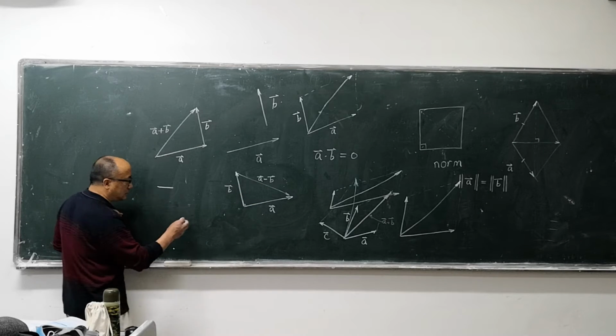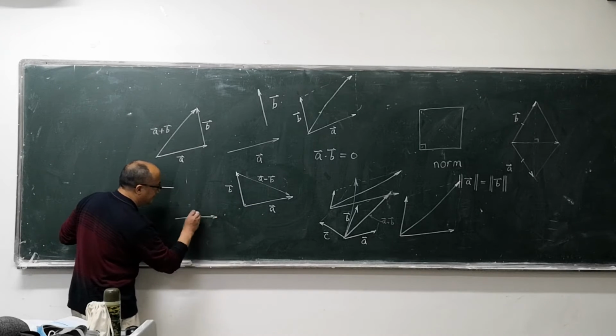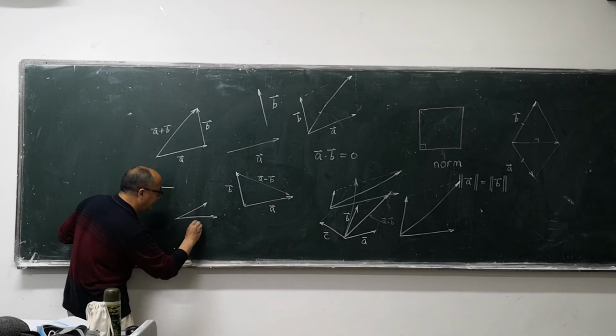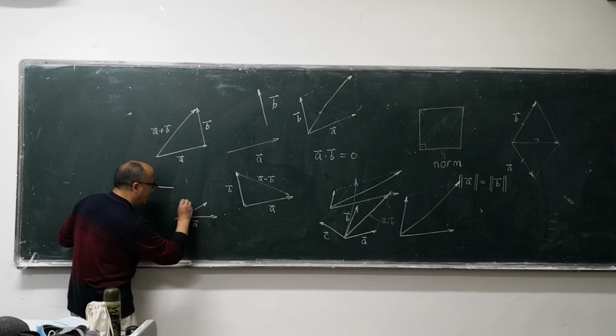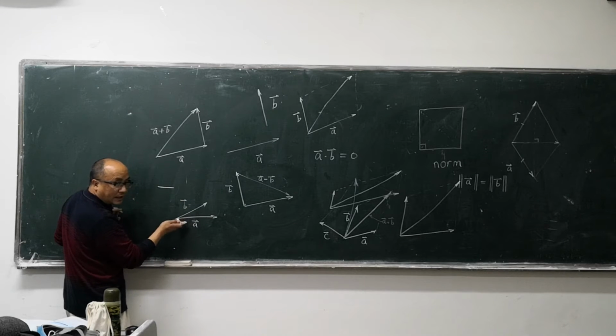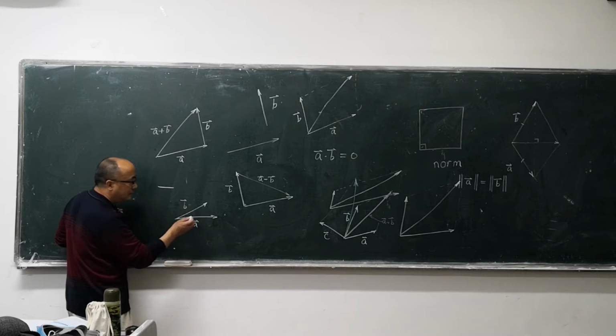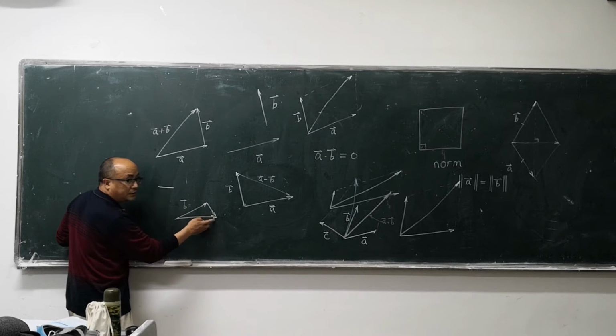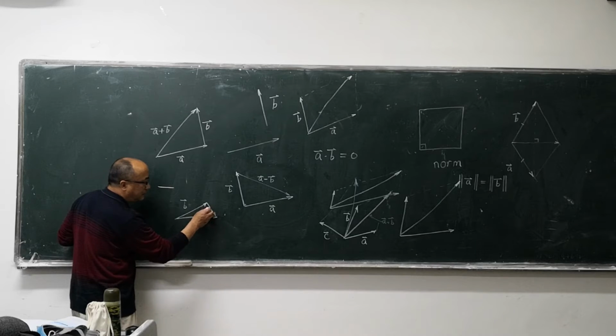And if it's this, A and B, and the difference, A minus B, where is A minus B? Is here, okay? From tip to tip, A minus B is here.